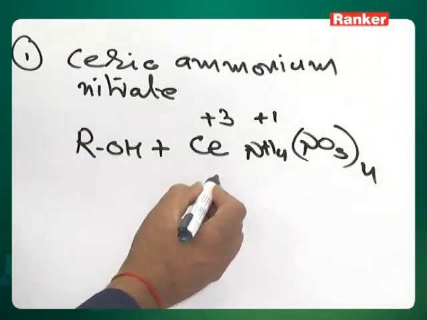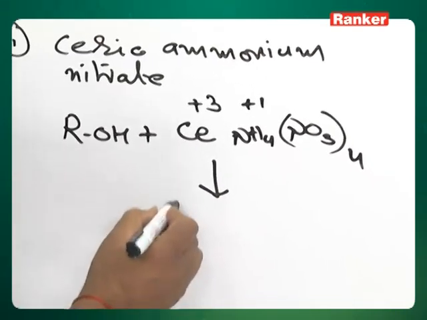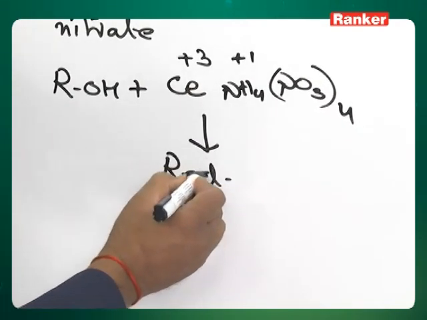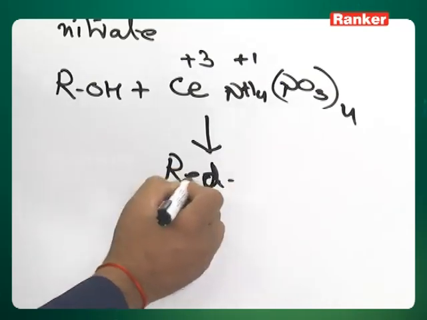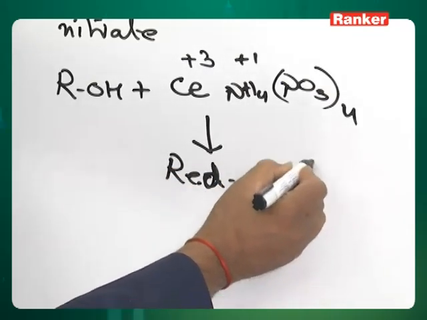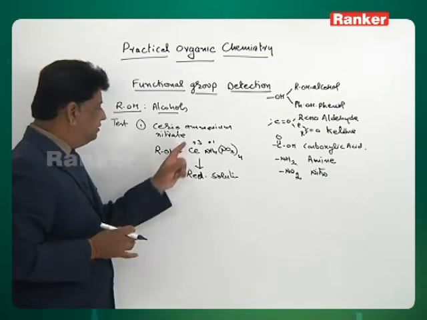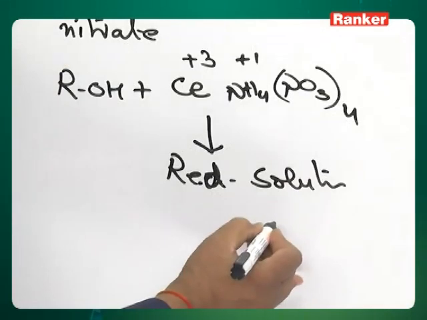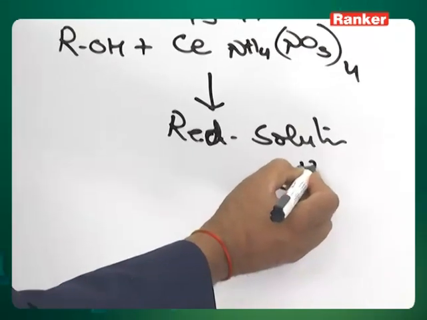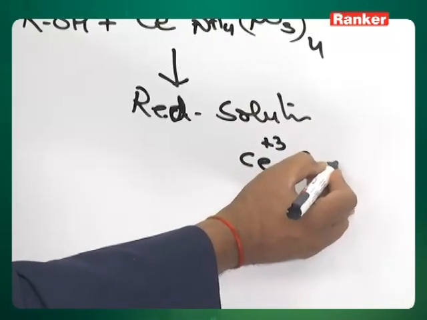When you add this reagent to an alcohol, a red solution is formed. This is because the ceric ion makes a complex with the alcohols.